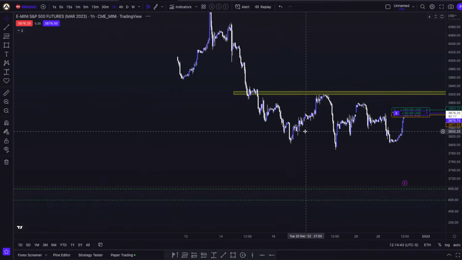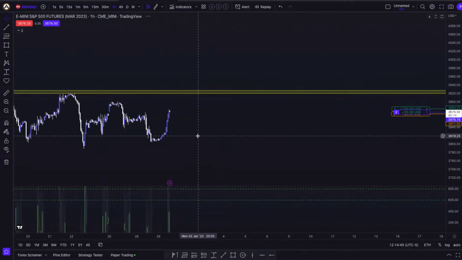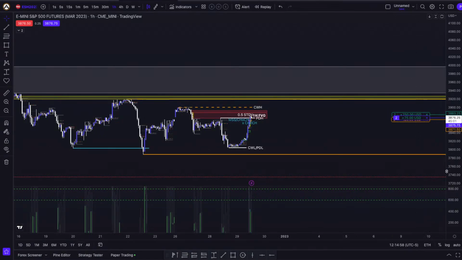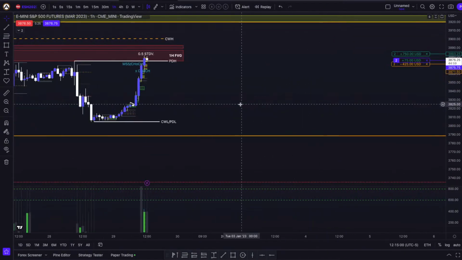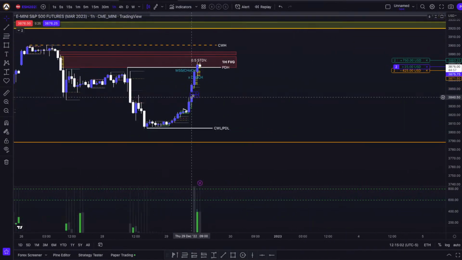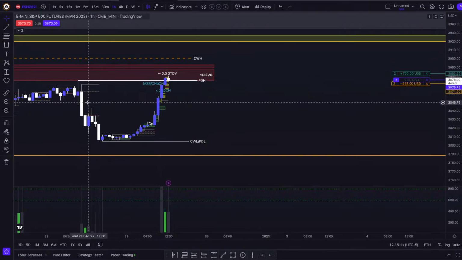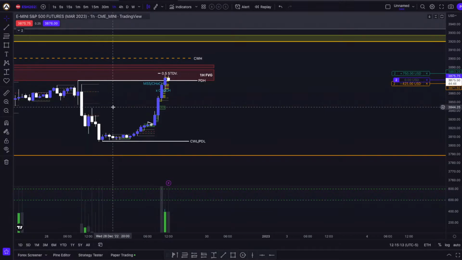For example, I always like to draw in my current week's low, right here, that we formed on Wednesday, so yesterday, which is also lining up with our previous day low and our previous day high, as an overall target for buy side liquidity. After seeing this parabolic move to the upside, it was pretty much inevitable that it's not going to take out our previous day high, which is lining up with the RDR from yesterday.